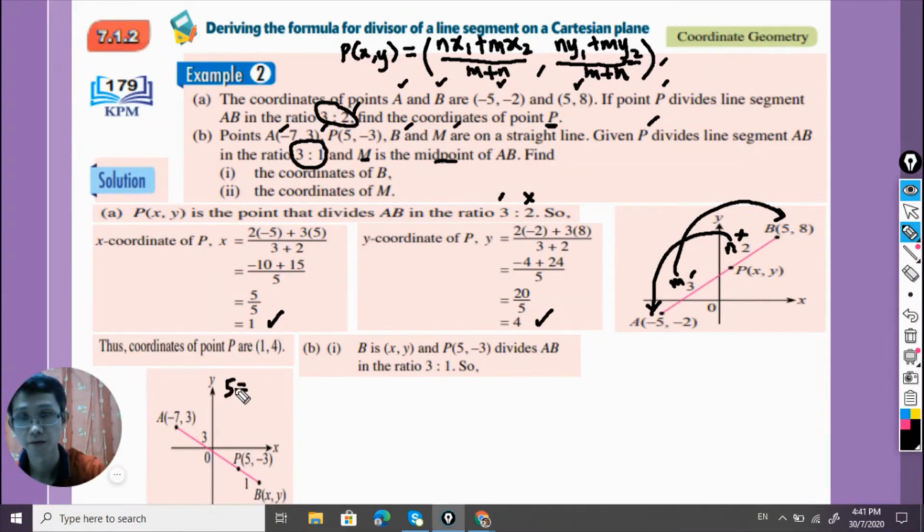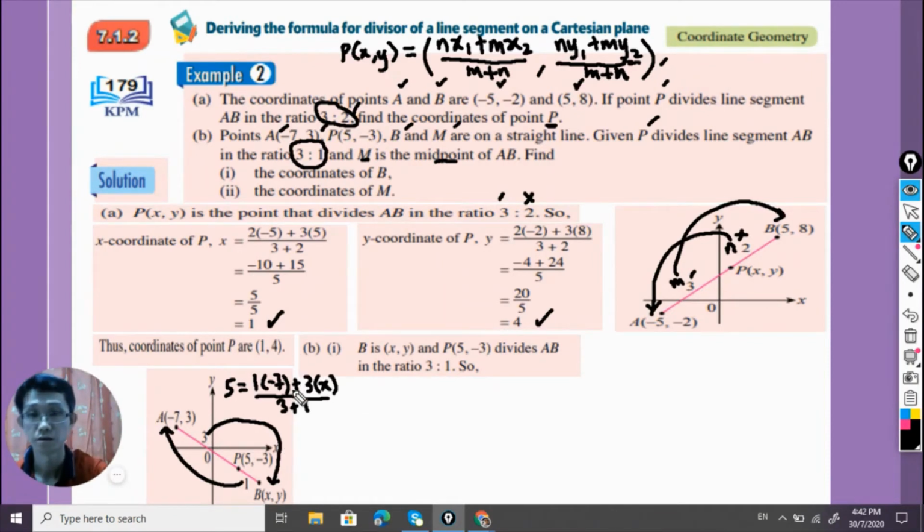So 5 equals, you have to take the ratio and multiply with the x1. So it should be 1 multiplied with -7 plus the ratio m multiplied with x2, which is 3 multiplied with x. Then over the total sum of the two ratios, m plus n, so it's 3 plus 1.